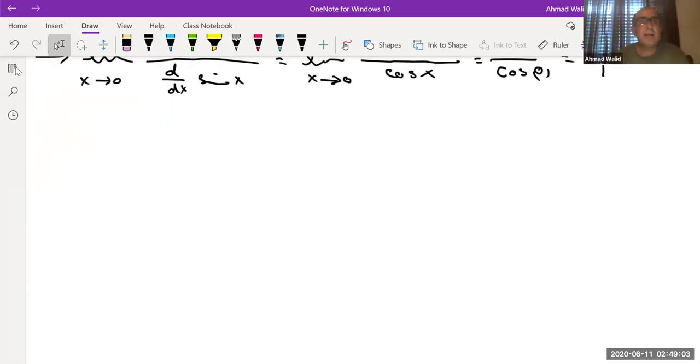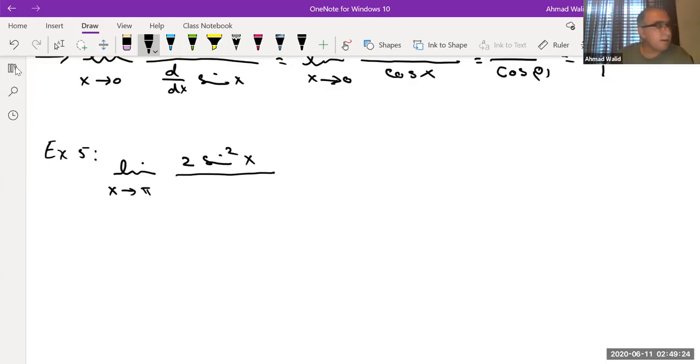Let's do one more example. I don't know which example is this, 4 or 5. I lost track. Limit as x approaches pi of 2 sine squared x over 1 plus cosine x.